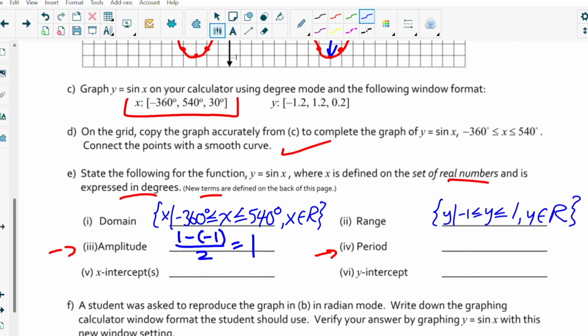Period. Period is the length of the interval of the domain over which a graph repeats itself, the horizontal length of one cycle on a periodic graph. So start at a point and go through one cycle and then stop, and that's one period.